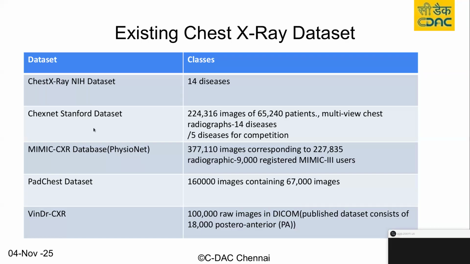And it's not only the chest X-ray NIH dataset, which has 14 diseases and around 1,23,000 images. There are the CheXpert Stanford datasets, which is actually a better version of the NIH dataset as well, and there are 2,24,316 images of 65,240 patients, with the 14 diseases being labeled.